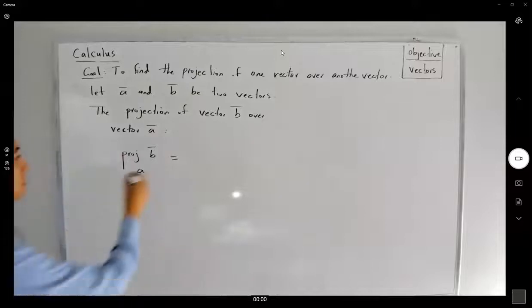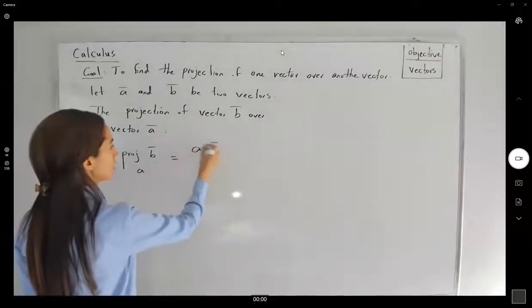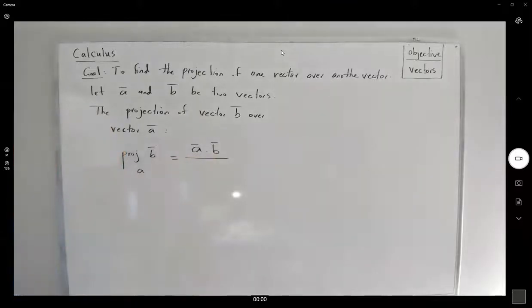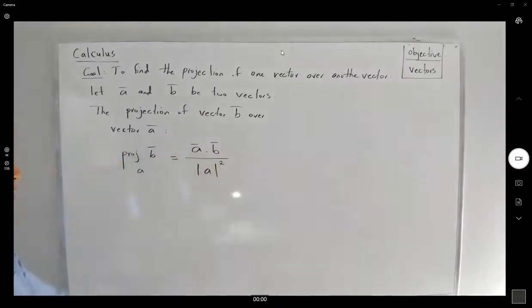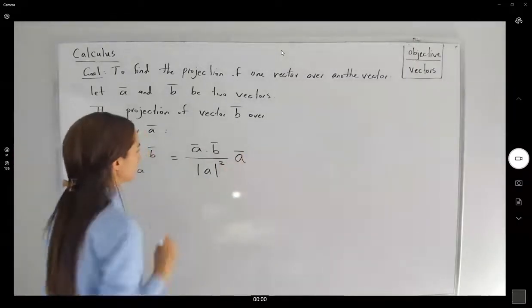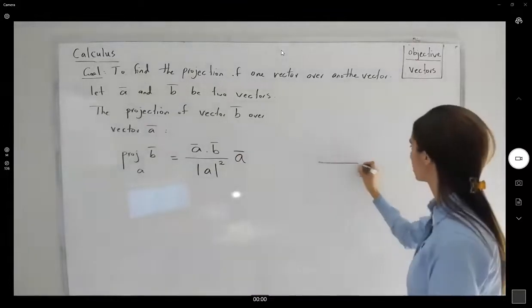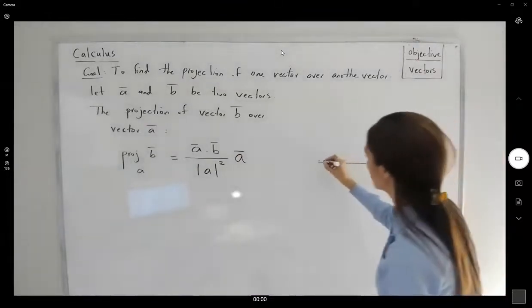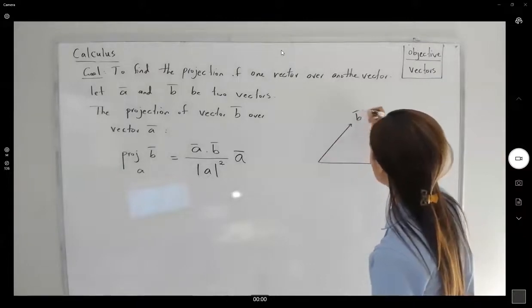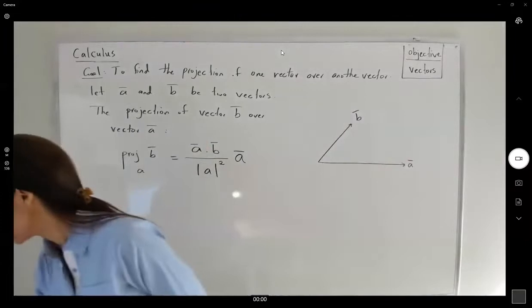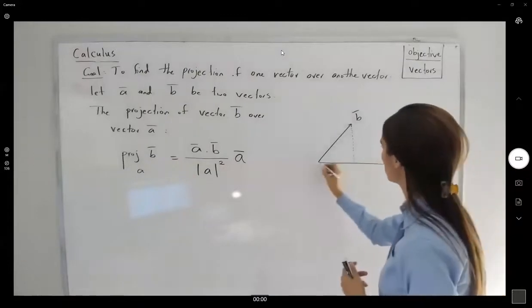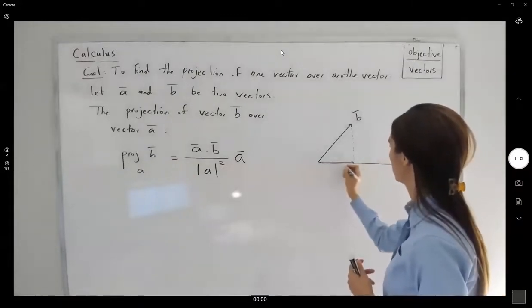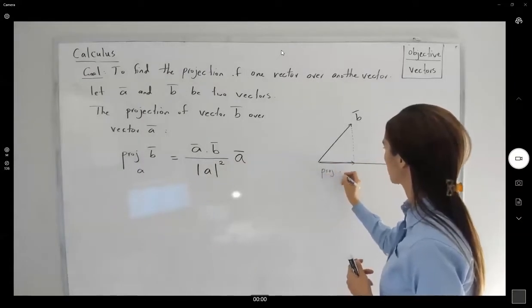It is A dot B, the dot product between A and B, divided by the magnitude of A raised to the second power to get rid of that radical, and you multiply that by vector A. So here you have your vector A, and the second vector is vector B. The projection of vector B over vector A is going to be this vector here.